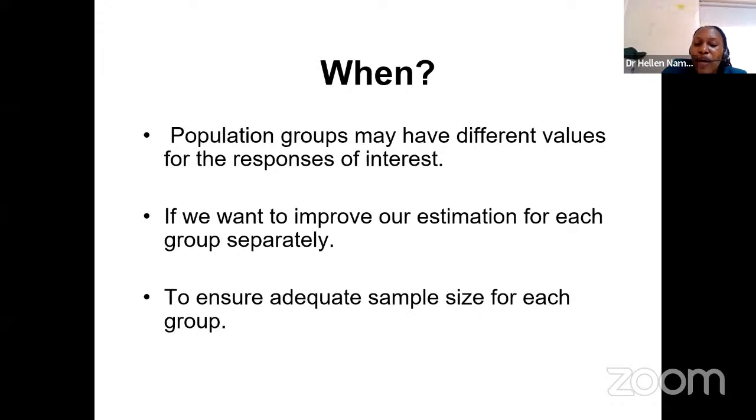Or sometimes you may want to improve the estimation from each particular group. As we move on, we're going to look at probability proportional to size, which can also help us improve our estimation from each group that we have stratified. And you also use it when you want to ensure that you've got an adequate size for each particular group of interest.